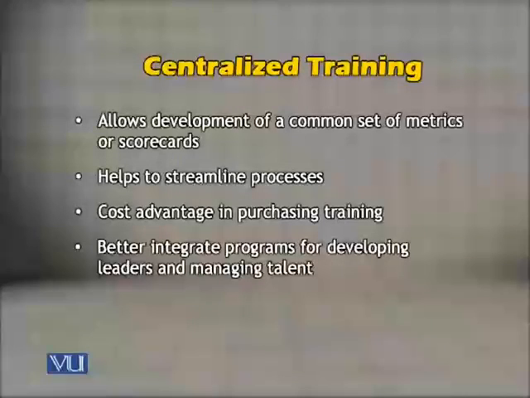Then finally, another advantage of a centralized training model is that you can better integrate programs for developing leaders and managing talent. Because your training is being organized from one place, that means that all the people from the organization will be coming to the same place to get trained for leadership programs and talent management.